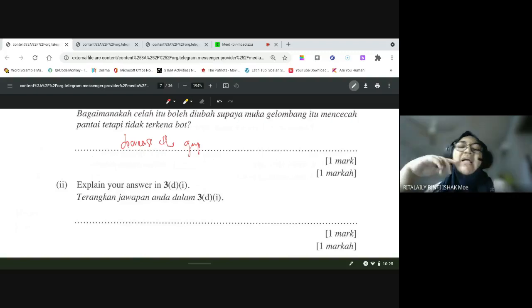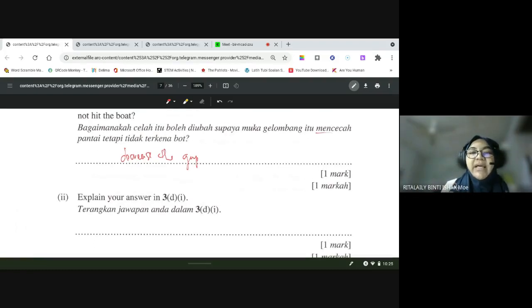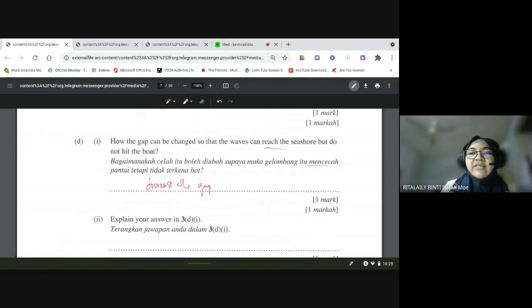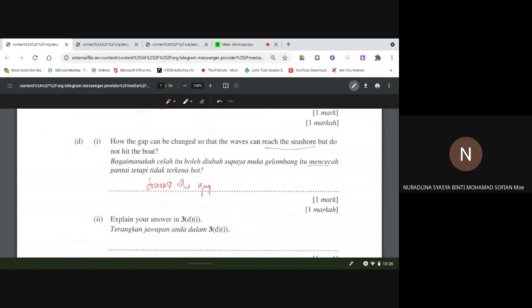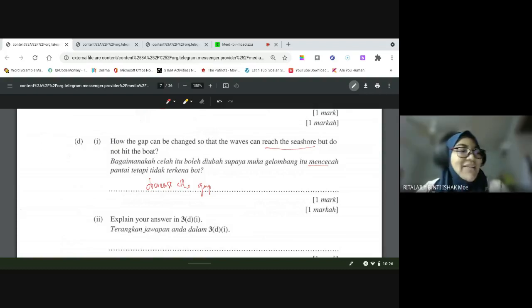Tapi, okay, kat sini, dia nak mencecah pantai ataupun reach the seashore. So, yang mana nak dekat ke nak besar? Decrease the gap or increase the gap? Increase. Okay, so kalau move to the right, apa yang nak move to the right?